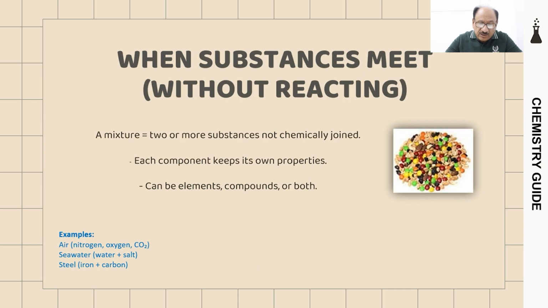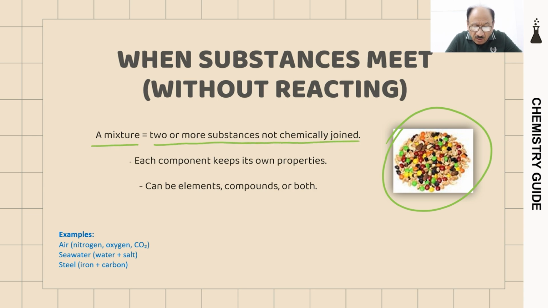When substances meet without reacting, keep in mind that in a mixture there is no chemical reaction happening. They are just mixing, in any ratio we can mix. A mixture is two or more substances not chemically joined. This is very important. Each component keeps its own properties.